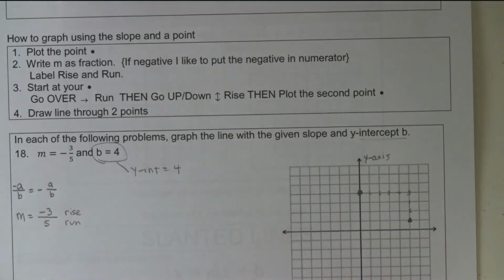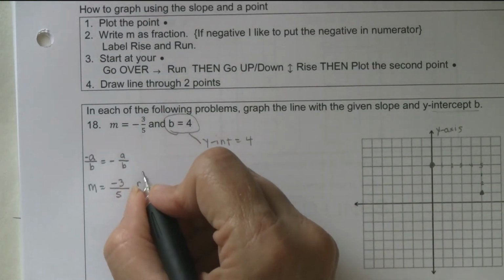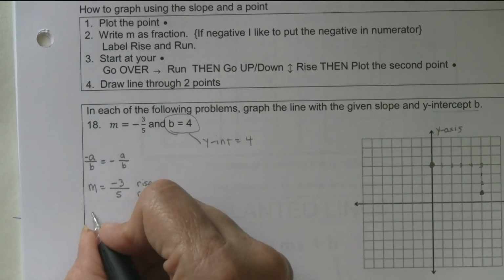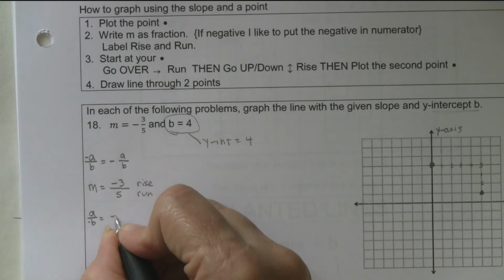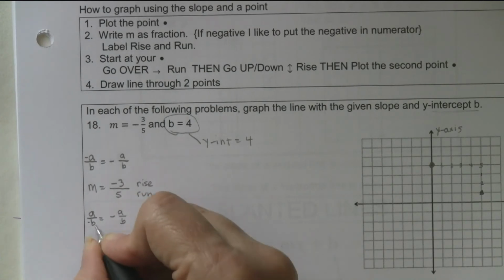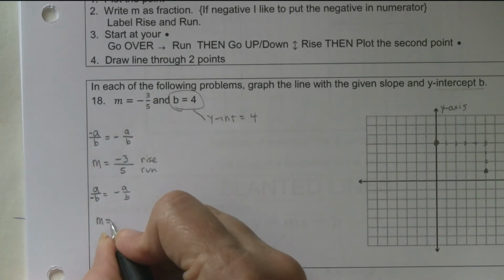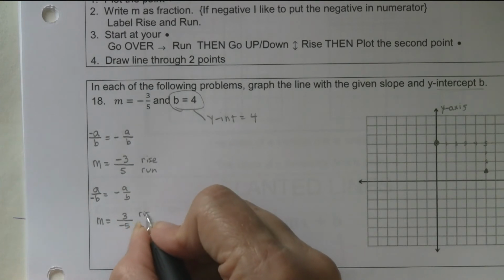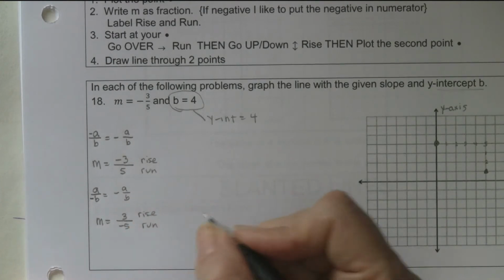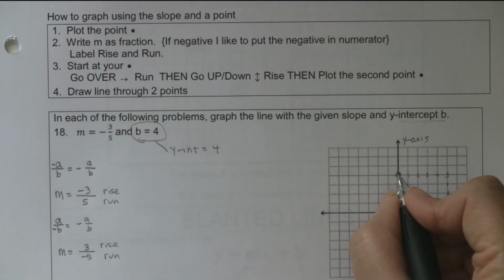Now, you would get the same line, and I want to show you that because you probably remember that a over negative b is equal to negative a over b as well. So you could put the negative in the denominator. In our case, our slope would then be 3 over negative 5. I just want to show you that you would get the same answer. The line is the answer, which I haven't drawn yet. You would start from this point, and I was taught to count my run first.